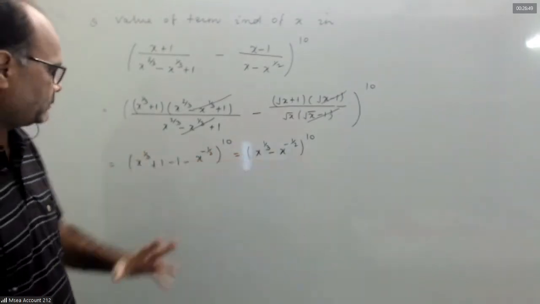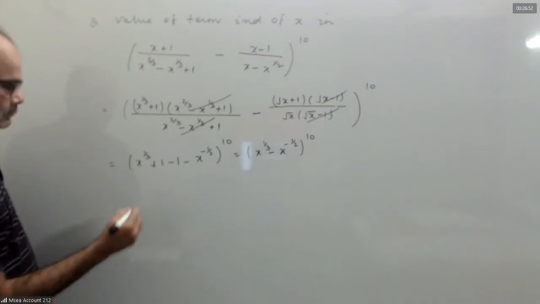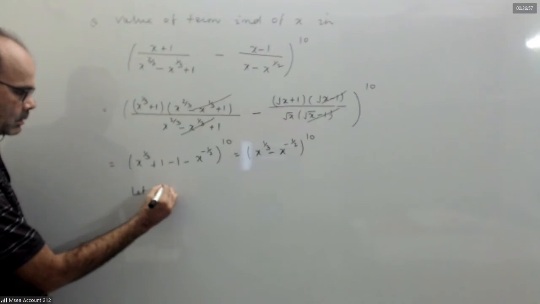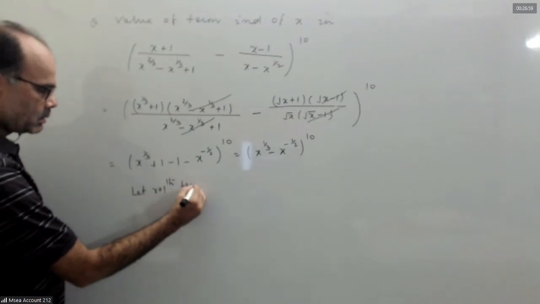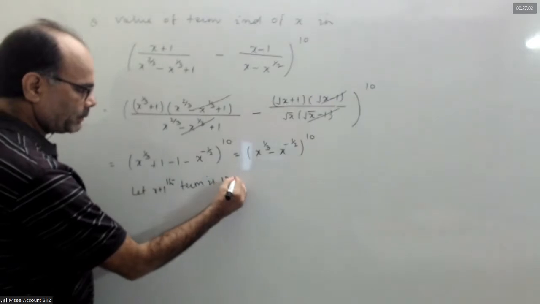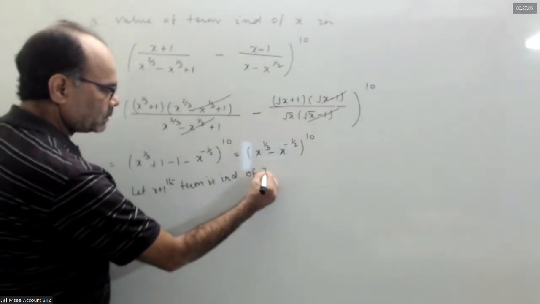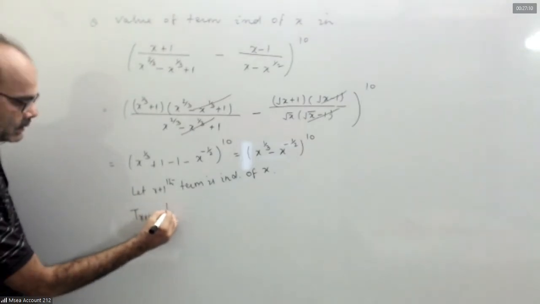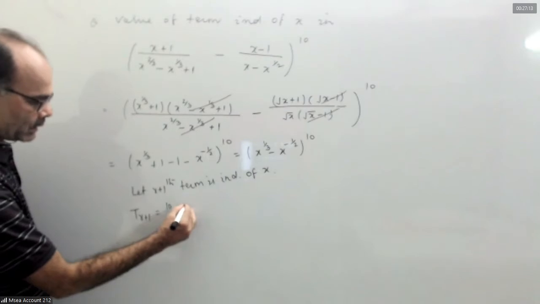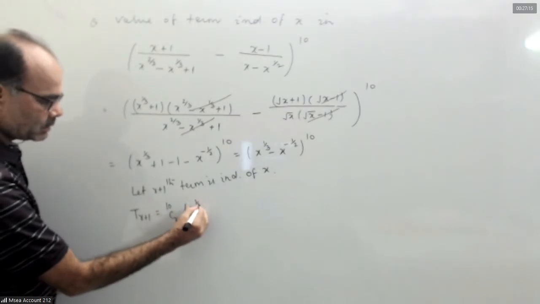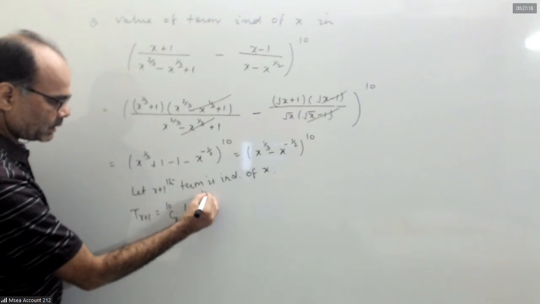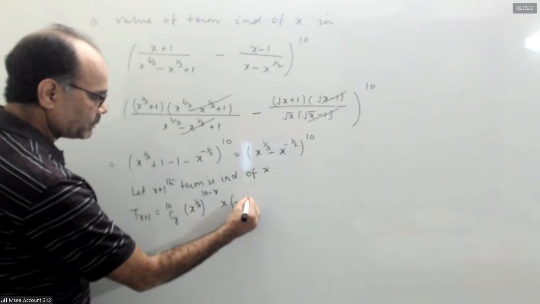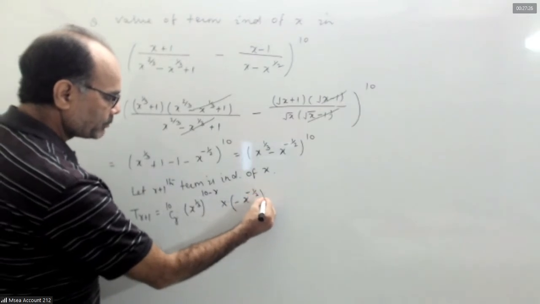Now we'll use binomial. So what is T(r plus 1)? 10Cr, x to the power 1 by 3 to the power 10 minus r, into minus x to the power minus 1 by 2 to the power r.